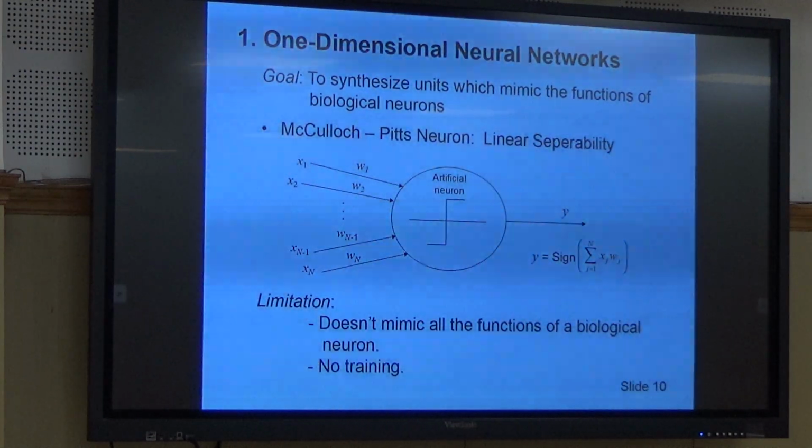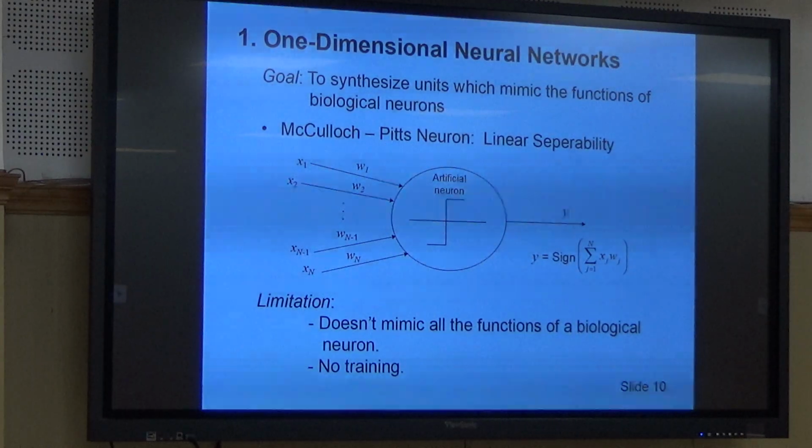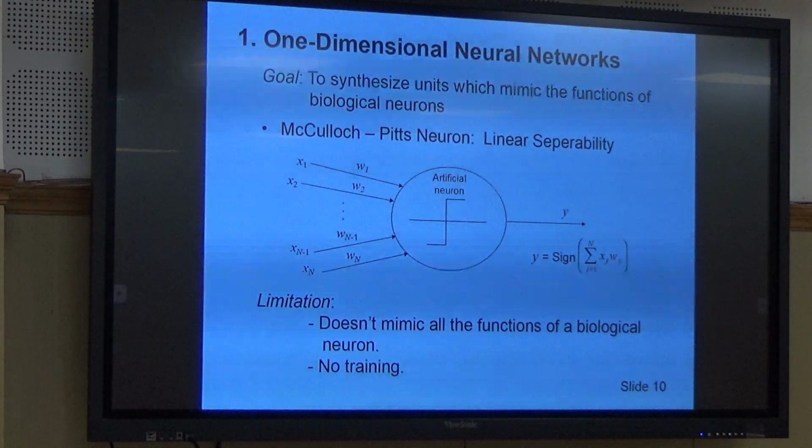Here I have assumed the threshold to be 0. Suppose the threshold is non-zero. What I do is I will use the same model, but I will add another input x_{n+1}, set it equal to 1, and I set w_{n+1} equal to minus t. The same model will accommodate that more general case.